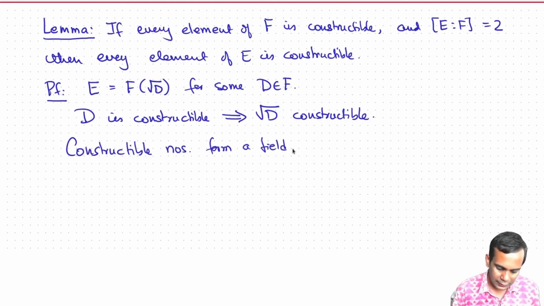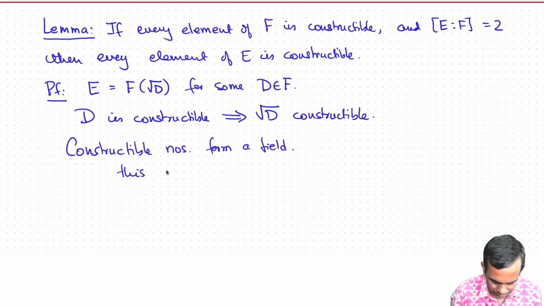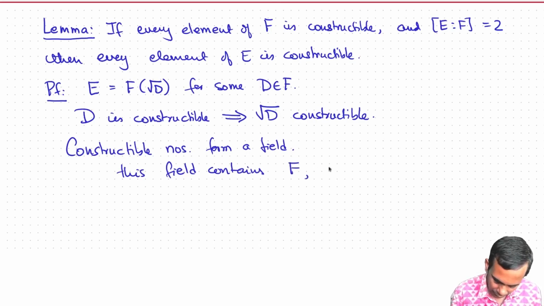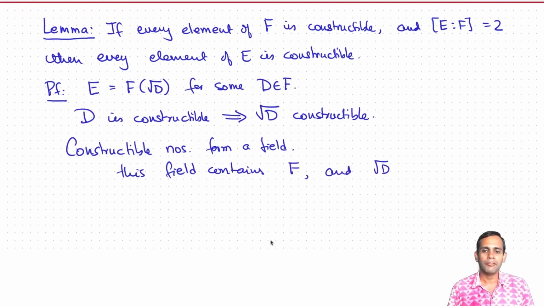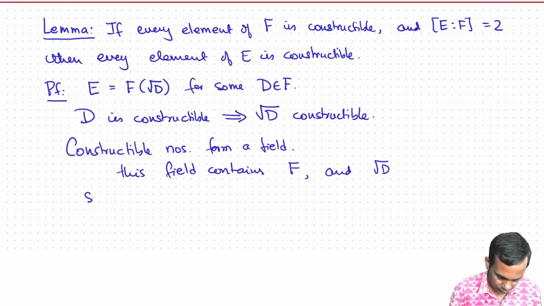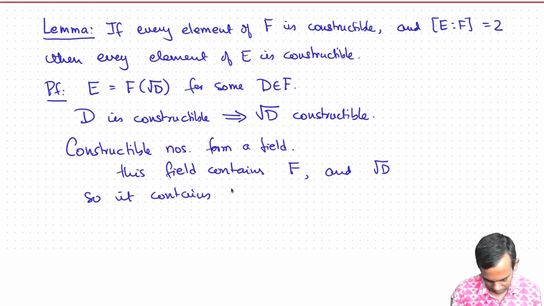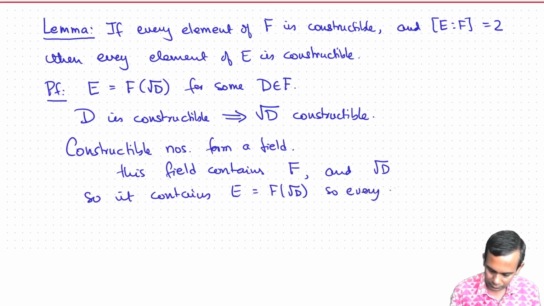And what we've seen is that this field contains F and root D. So it contains the smallest field containing both F and root D, so it contains E equals F(root D). So every element of E is constructible.